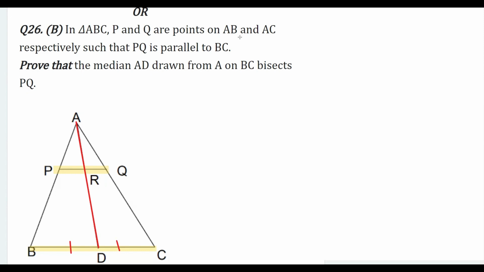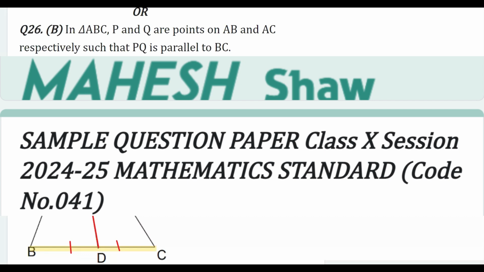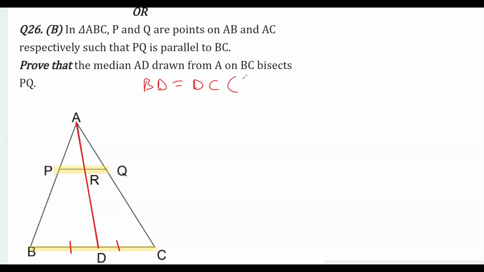That means we are given BD is equal to DC. That will help you in the proof. So this is given. You should keep in mind that this is given, or you may write given in the beginning as well.